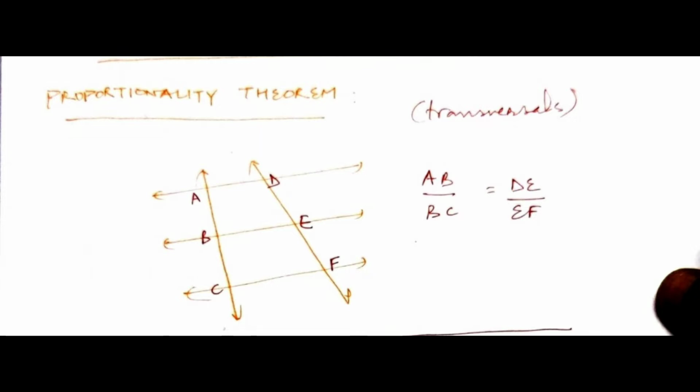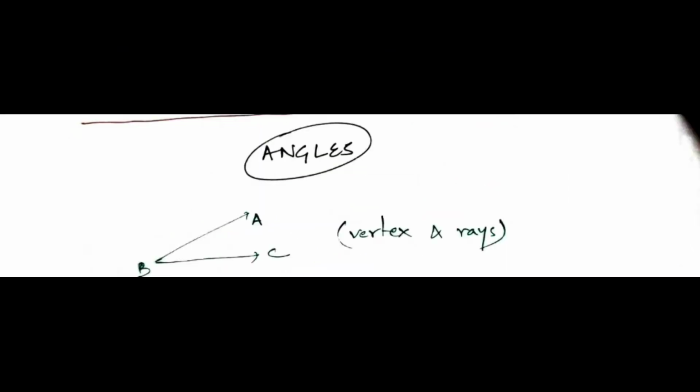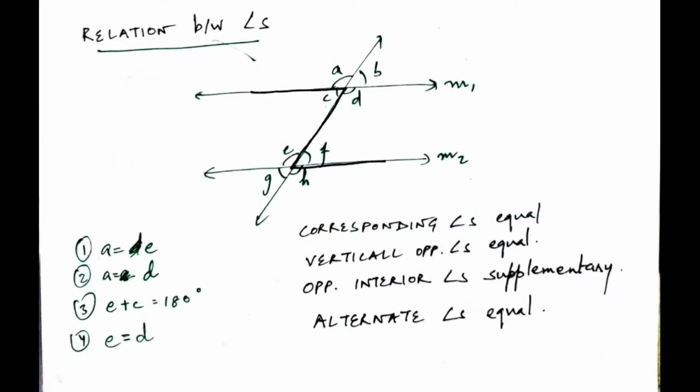About angles, we should know what the vertex is, and basically when two rays have the same starting point, they form an angle, and the common end point is the vertex. Now this again becomes very important, the relation between angles.